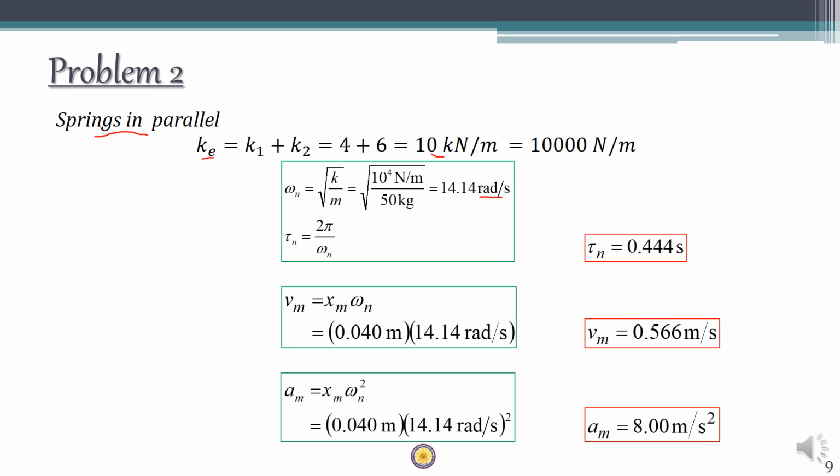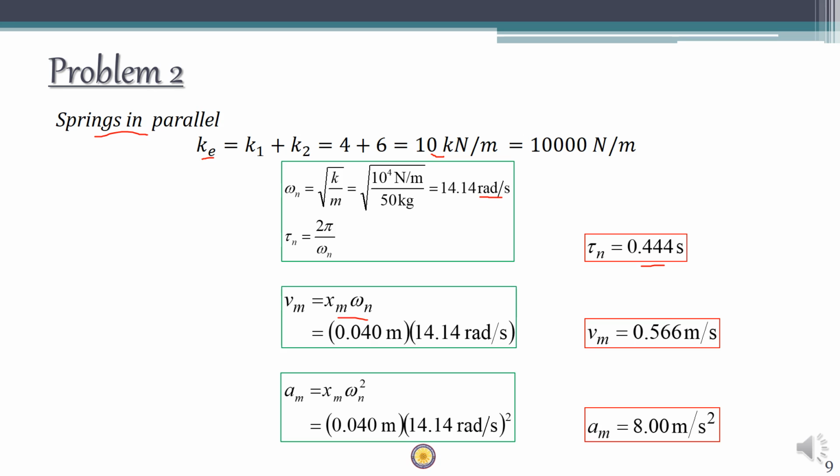Once angular velocity is obtained, you can find the time period T as 2 pi by omega n. This is familiar to you. So you get time period equal to 0.444 seconds. The next thing is to find the maximum velocity. Maximum velocity is always at the mean position, and its value is xm into omega n, or r into omega n.